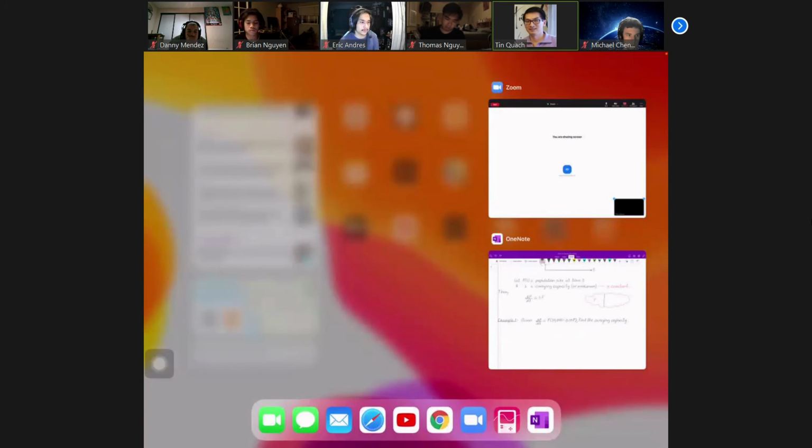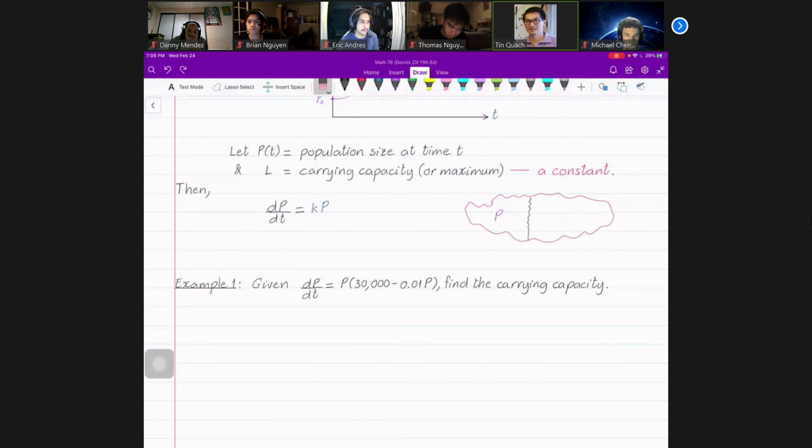So it also depends on this. But remember, the entire state can accommodate how many people based on the given information? It can accommodate L, right? That's the carrying capacity.